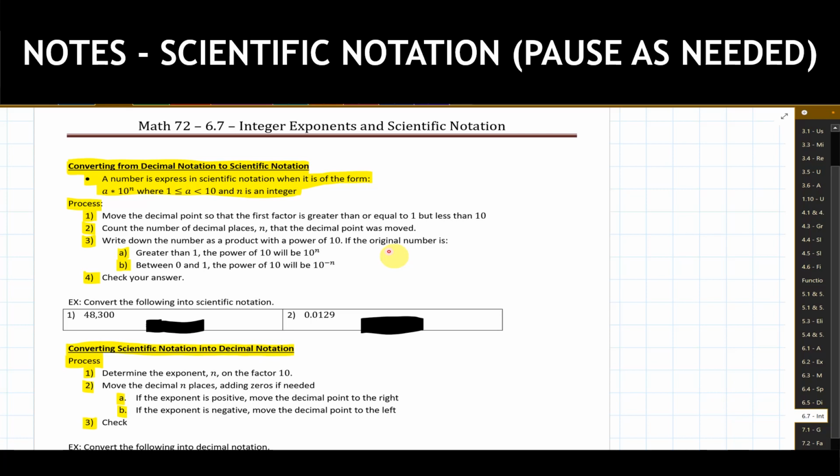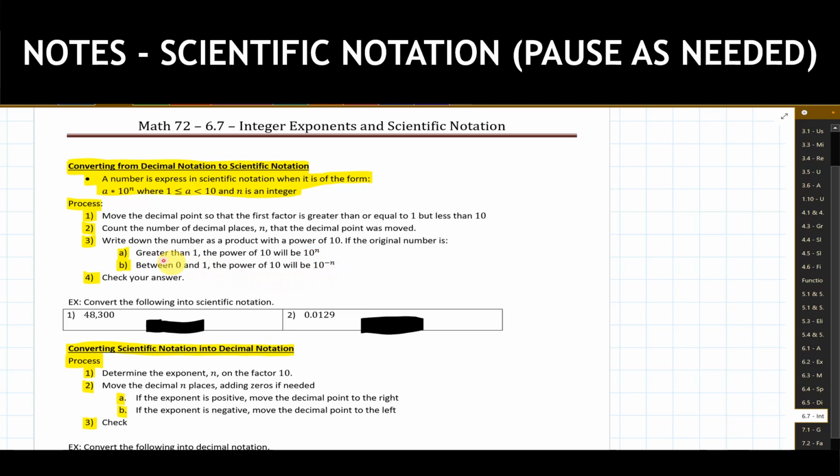So what we're going to do is write down the number as a product with a power of 10. What this means is, was our original number greater than 1? And if so, then that n value is going to be 10 to the positive n power.